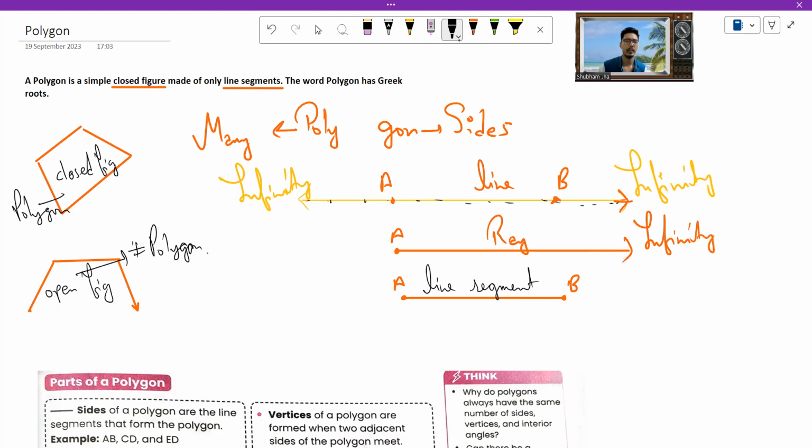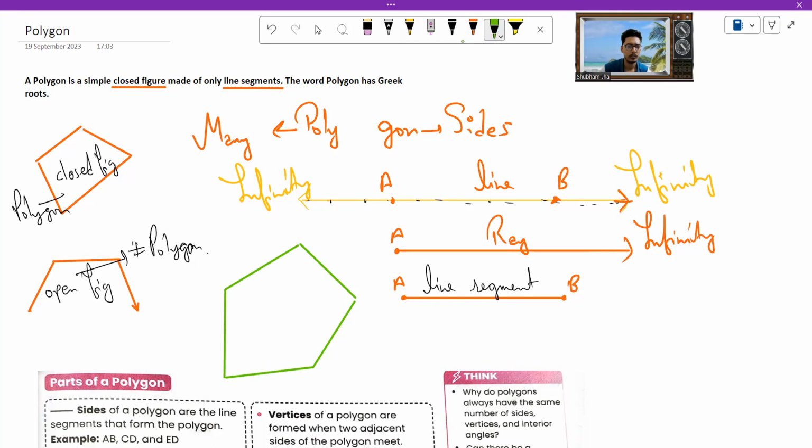Okay. Now, if we talk about a polygon, again, let's come back to the polygon. Basically, polygon was what? A simple closed figure made up of only line segments. Now, this is a line segment because I'm fixing both the ends. This is another line segment. Let's draw a straight line segment again, again, and let's finish it.